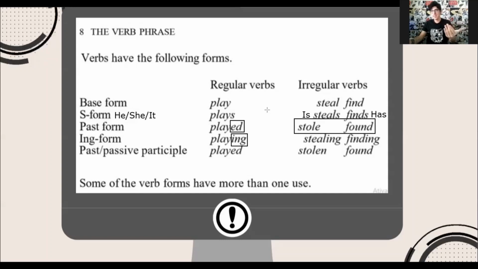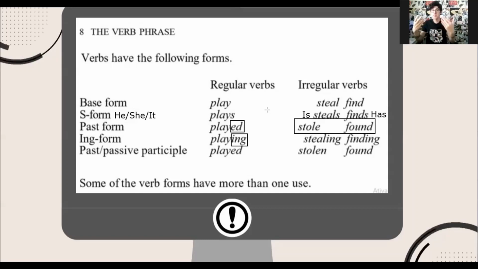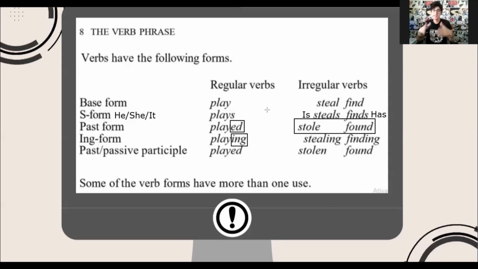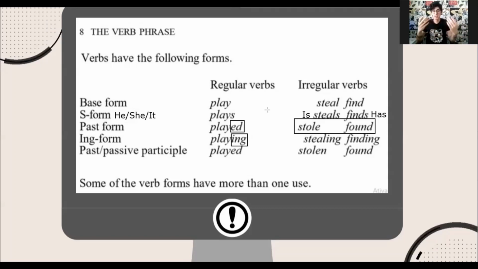The ing form, or the present participle form, has the same pattern for the regular verbs and the irregular verbs. They follow the same pattern inside a verb tense structure. So the main verb is going to be added an ing form. Okay, very good.